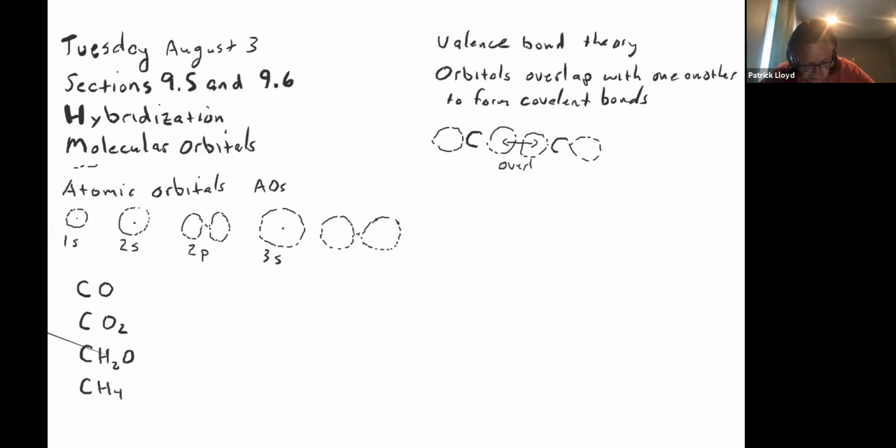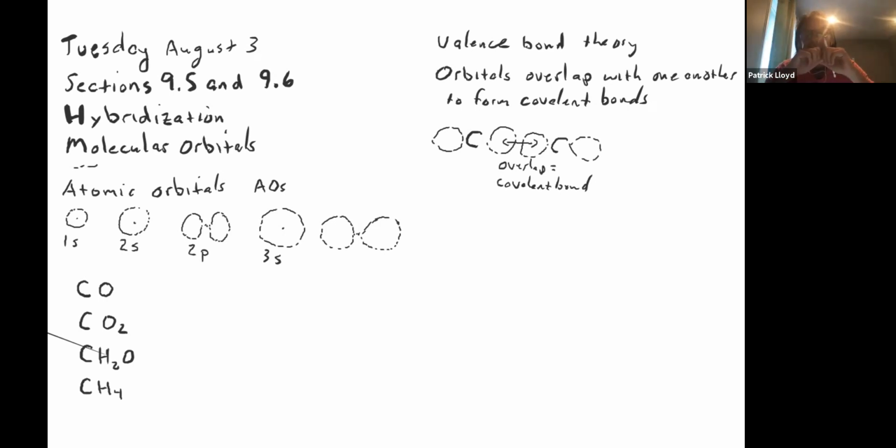So the overlap is equal to the covalent bond. The greater that overlap, the more region of space they're overlapping, the stronger that bond will be. And the smaller the overlap, the weaker the bond will be.